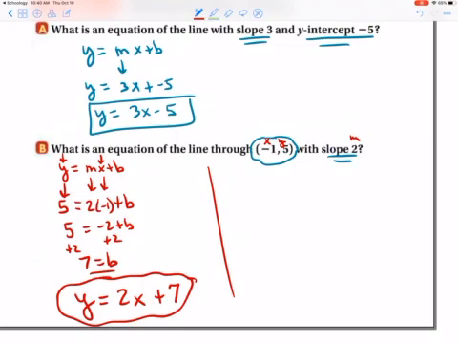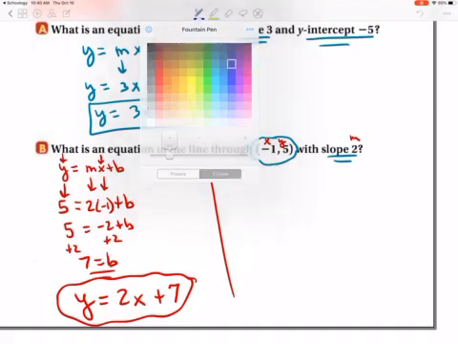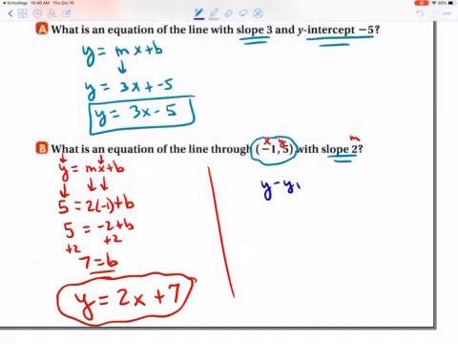Now I could do point slope form, which is y minus y1 equals m times x minus x1, in which case I'm plugging in y1 and x1 and plugging in the slope. So it'd be y minus 5 equals my slope of 2 times x minus a negative 1, which would be plus 1.